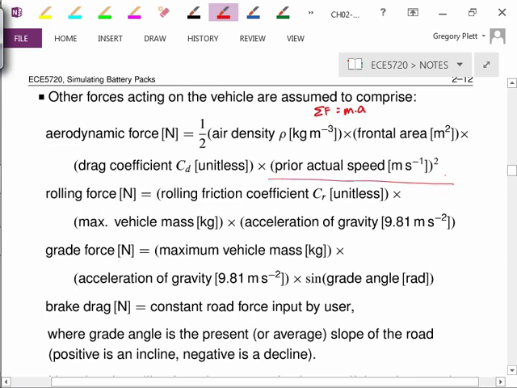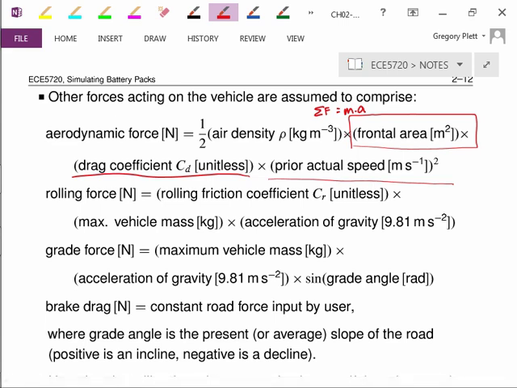So aerodynamic force is proportional to velocity squared, and the constant of proportionality includes a unitless drag coefficient, this equivalent frontal area, which you'd basically end up measuring in a wind tunnel, I believe, for your vehicle, and then the air density at whatever altitude you happen to be driving. Or you could just assume sea level, I suppose, if you wanted to.